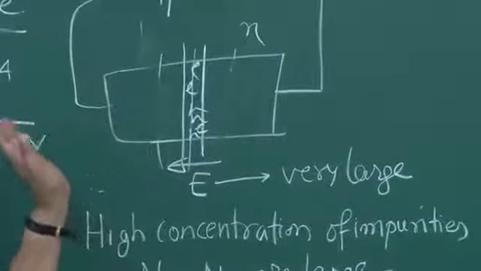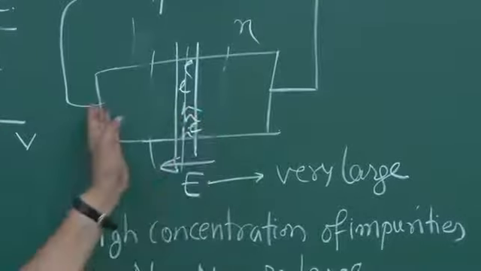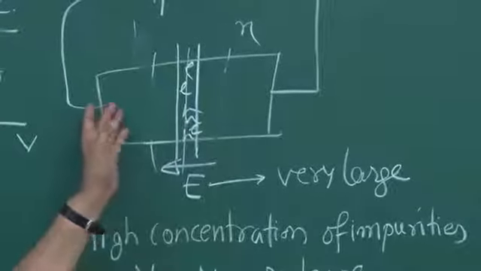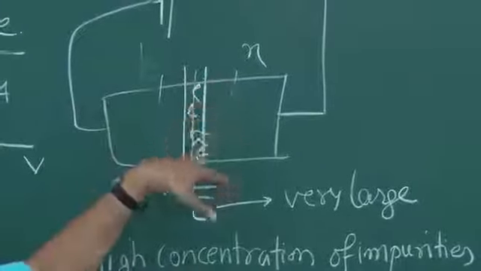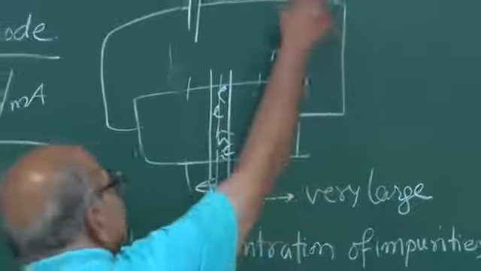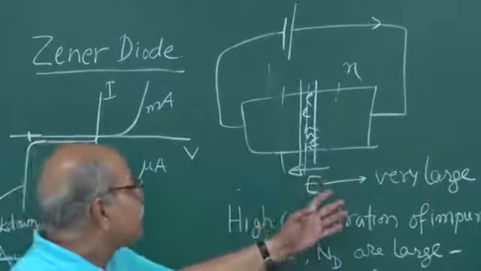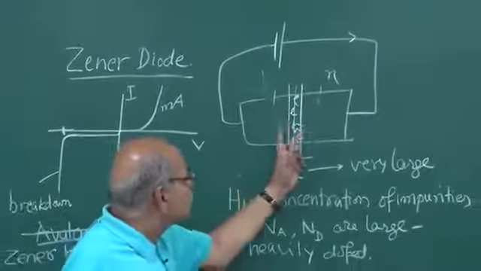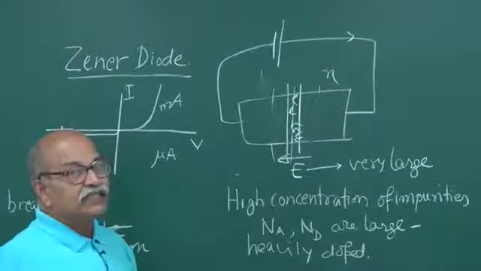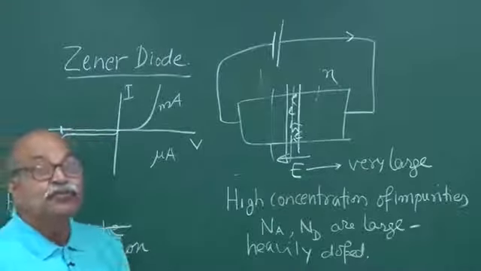The electrons are going opposite to this, holes are going in the direction of the electric field, and so the current goes in the conventional direction. And that current can be very, very high. But the potential difference across this diode remains almost fixed.